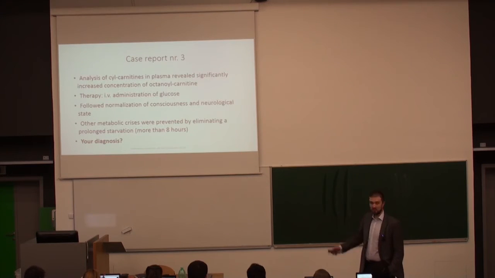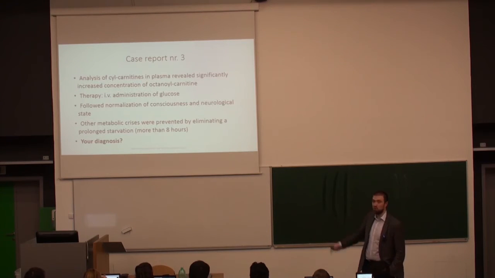No, it's not a fault. The thing is that if in your cell something accumulates, it will try to find alternative ways how to get rid of this. And if you accumulate a derivative of fatty acid, or here octanoate, then it can use coenzyme A, but it's too big. So it will use a smaller thing, and that's carnitine.